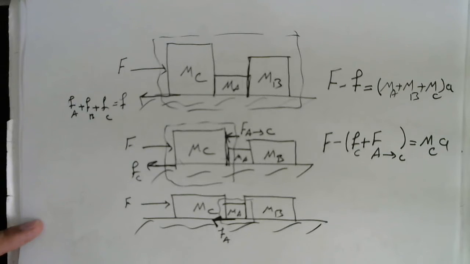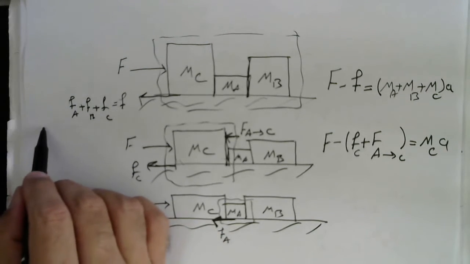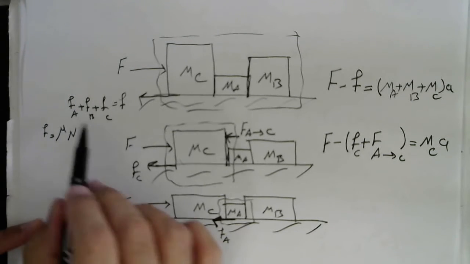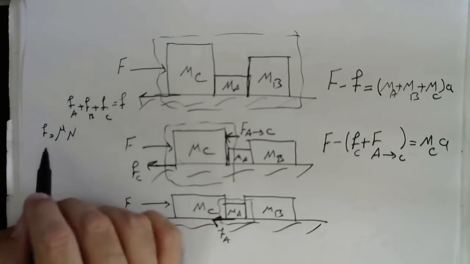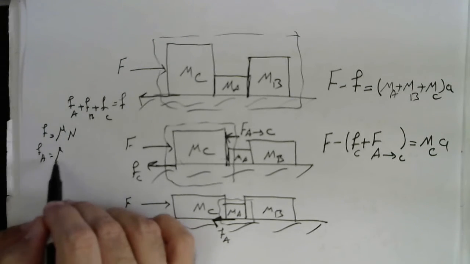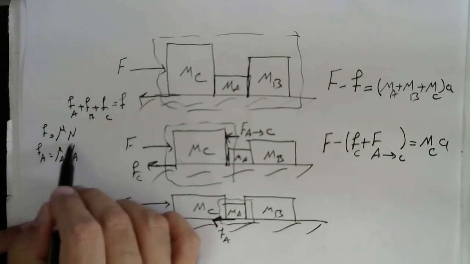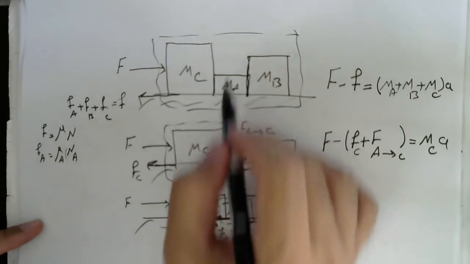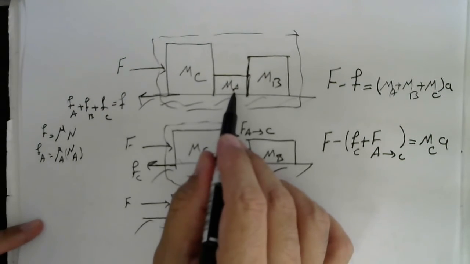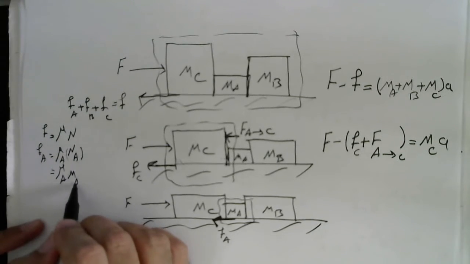And we will discuss the nature of these frictional forces, because we know briefly, if I say friction is mu N, for every one of them we could say fA is mu A times NA, and we know NA is equal to the weight of object A, so we can say this is mu A mA g.